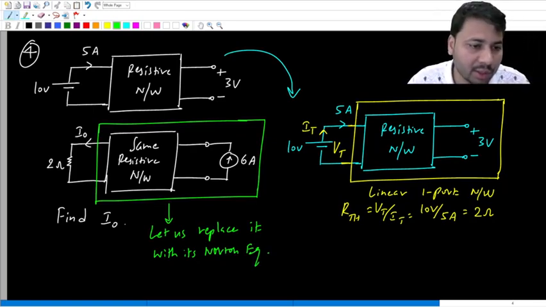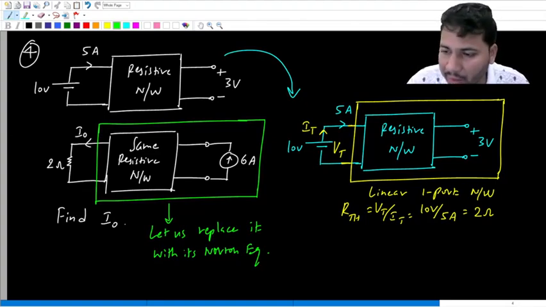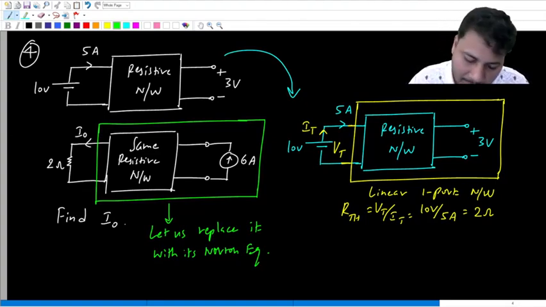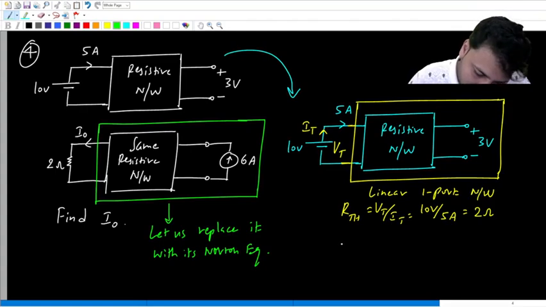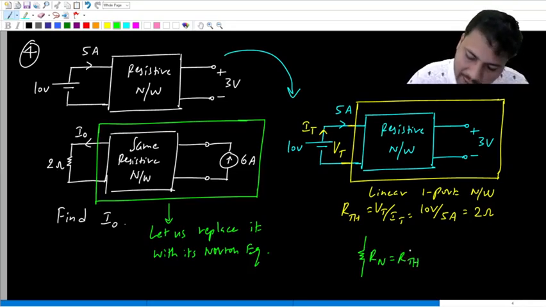So we are replacing this green color network with its Norton equivalent. What is a Norton equivalent? You will have a single resistance Rn.